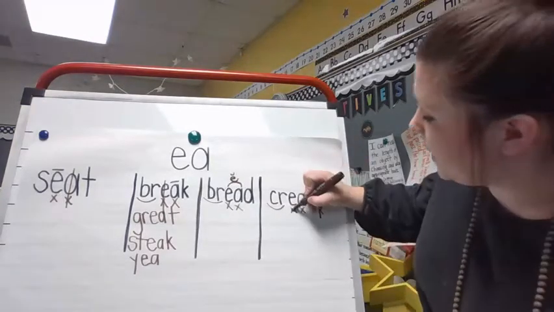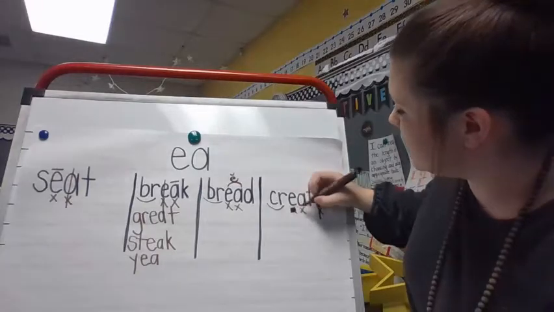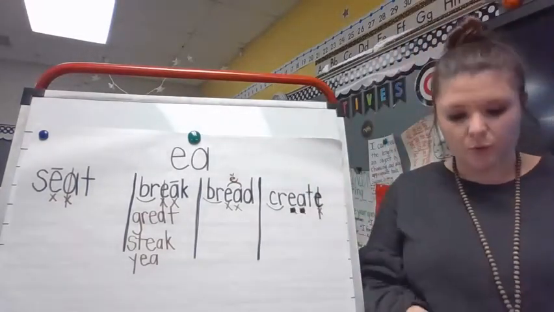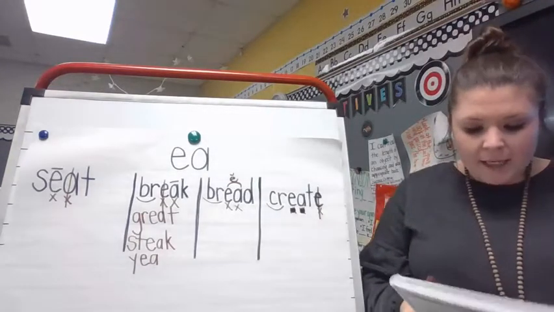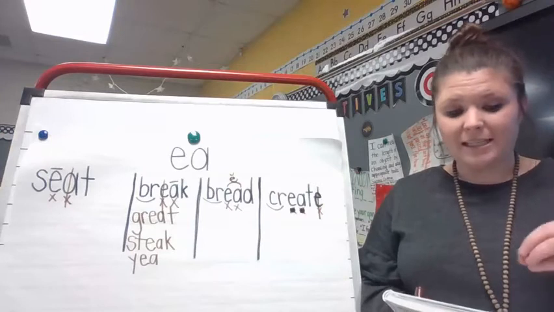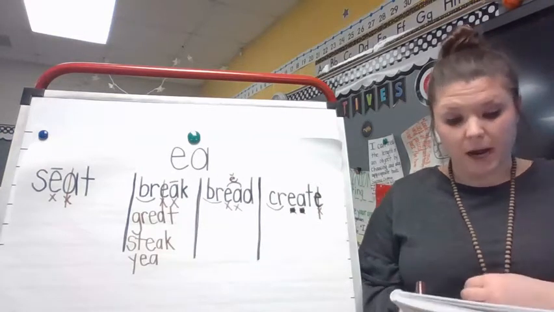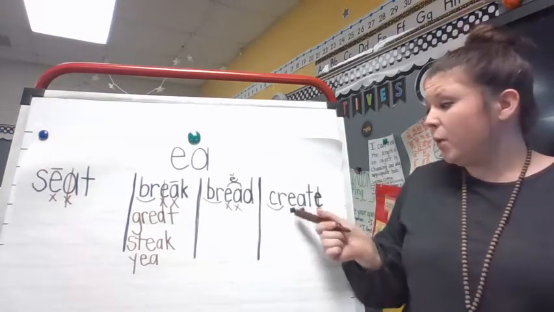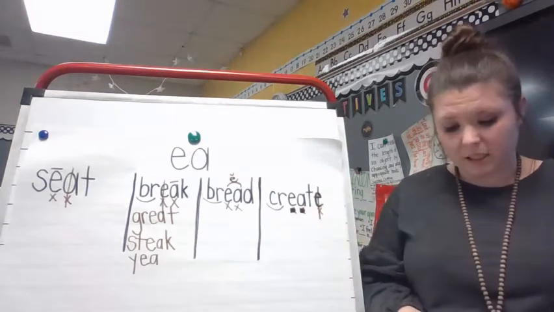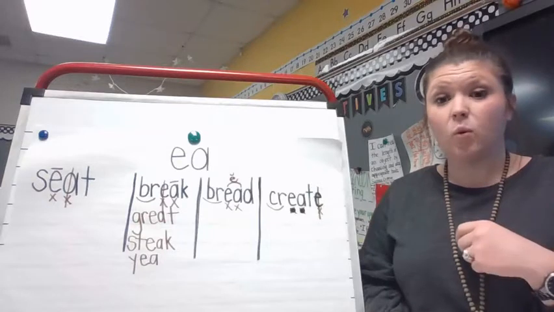So what we're going to do here is this is an exception to the rule. So instead of putting an X, I'm going to put some dots under it to help us remember that, okay? Now we know that each syllable has its own vowel sound, right? So E and A both having a sound cannot stay in this one syllable, cannot have a one syllable word.